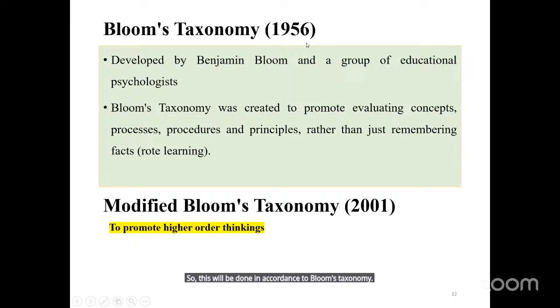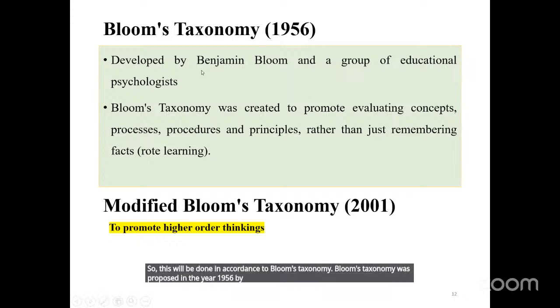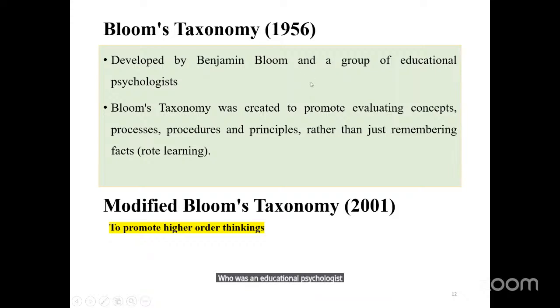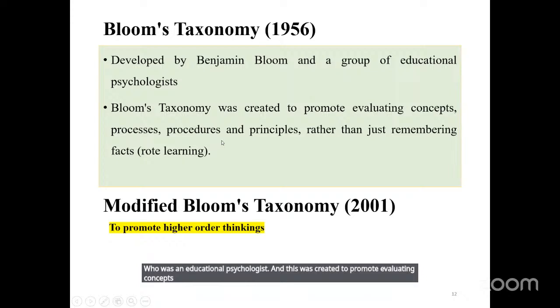Bloom's taxonomy was proposed in the year 1956 by Benjamin Bloom, who was an educational psychologist. This was created to promote evaluating concepts, processes, procedures, and principles rather than the rote learning process.